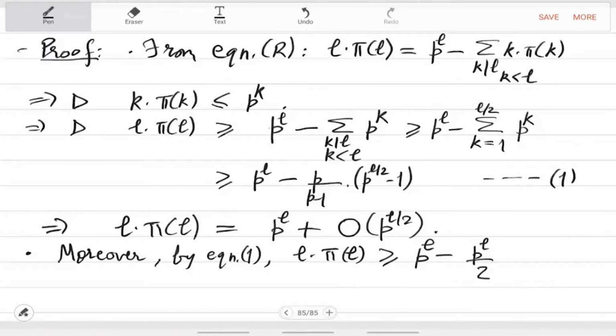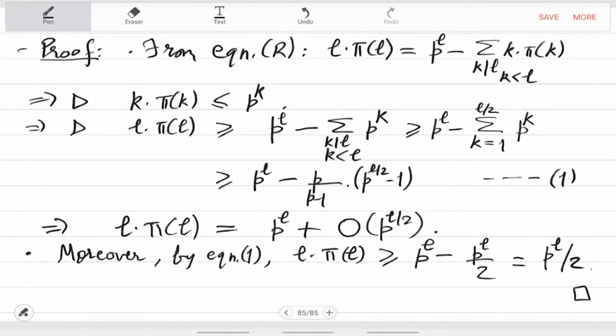Basically in equation 1, this expression p raised to L by 2 times p over p minus 1, you can see is at most p raised to L by 2 for every L, right. So that minus thing is then greater than or equal to minus p raised to L by 2. So that gives you p raised to L by 2 as the lower bound. Okay, so L pi L is at most p raised to L and it is at least half of that.